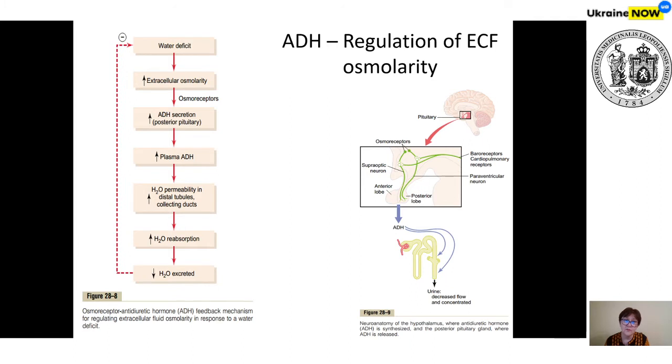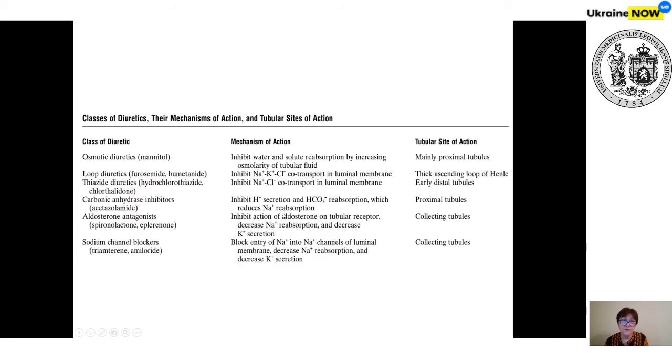There are osmotic signals and non-osmotic signals that can change the secretion of antidiuretic hormone in the hypothalamus.